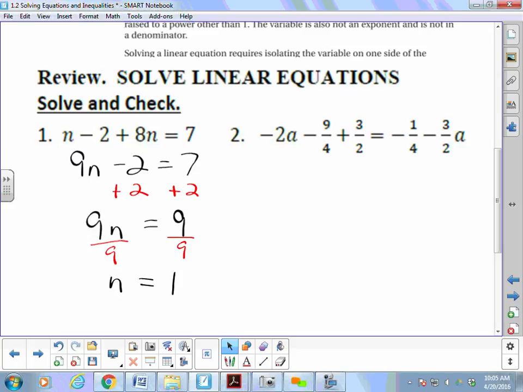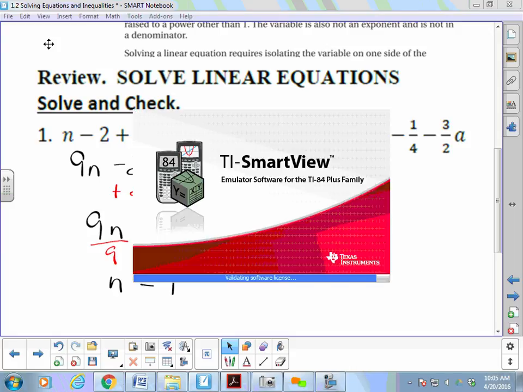That's okay. So if we plug 1 in for n, we get 1 minus 2 is negative 1. Put 1 in for n here, we get 8. So negative 1 plus 8 is 7. So that would work, but make sure you are checking them. One way you can check them is to put it in your calculator, and you could say that your check was with your calculator.